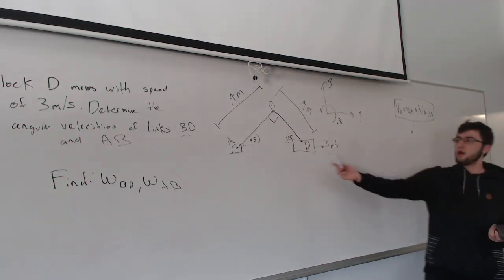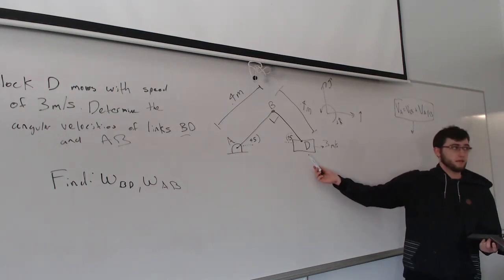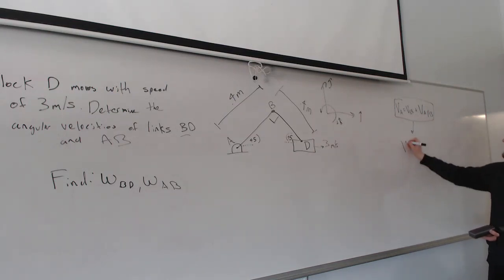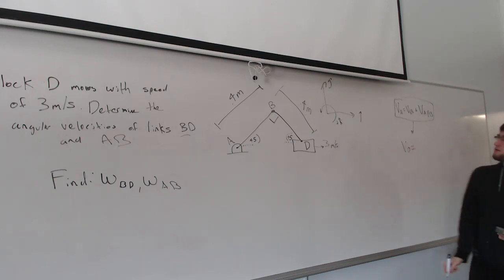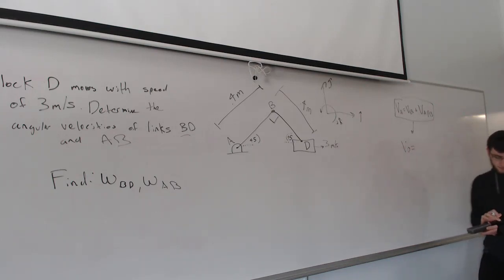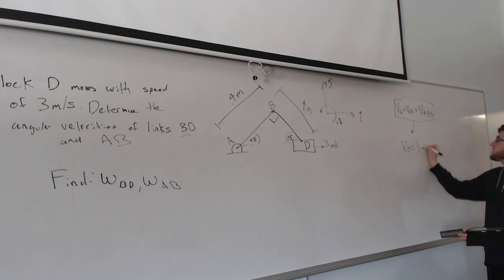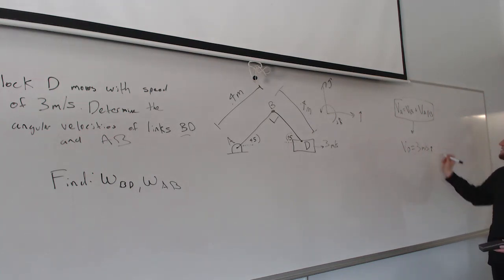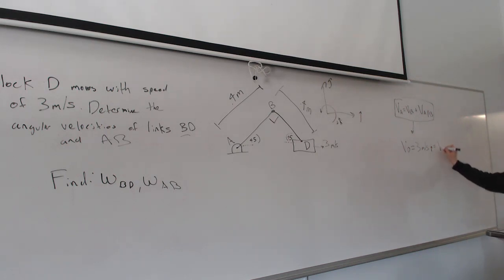And I know something already about D. Velocity of D is equal to 3 meters per second in the I direction, but that is also equal to the velocity of B plus the velocity of D with respect to B. Any questions there?